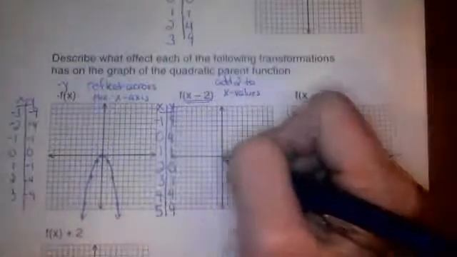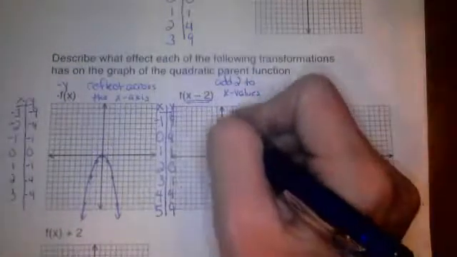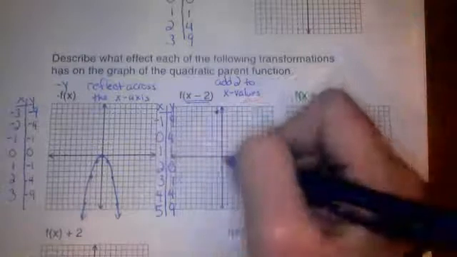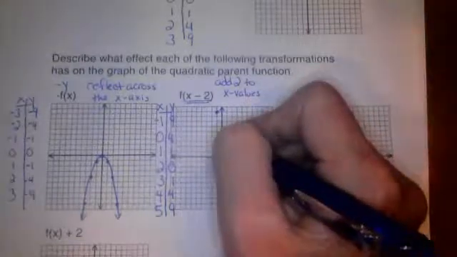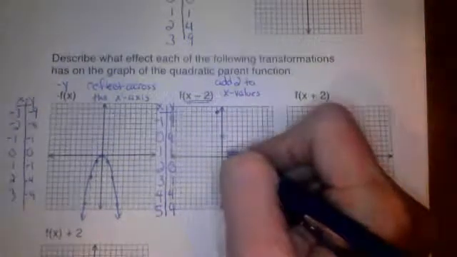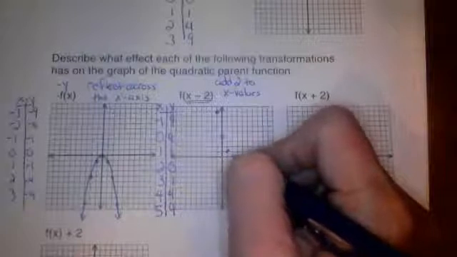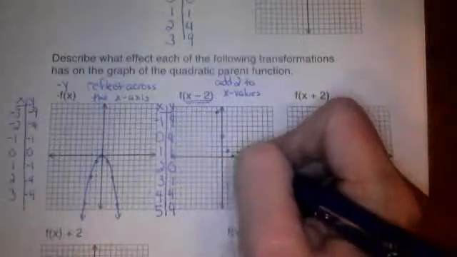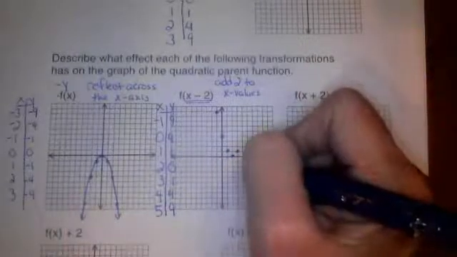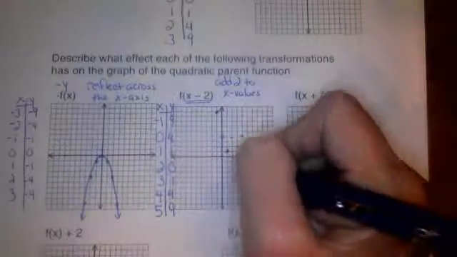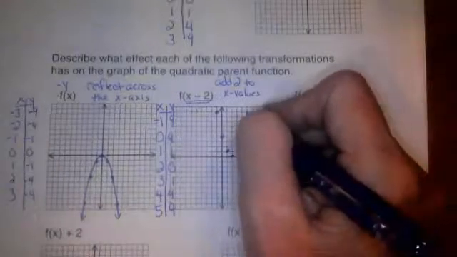So we're going to plot our points. We've got -1, 9, 0, 4, 1, 1, 2, 0, 3, 1, 4, 4, and 5, 9.